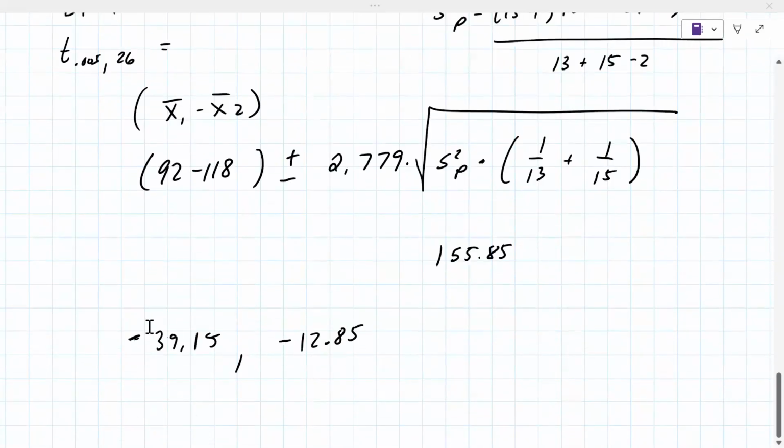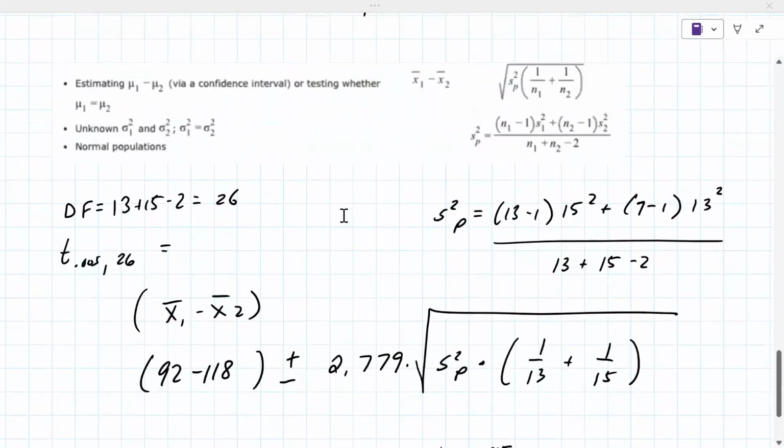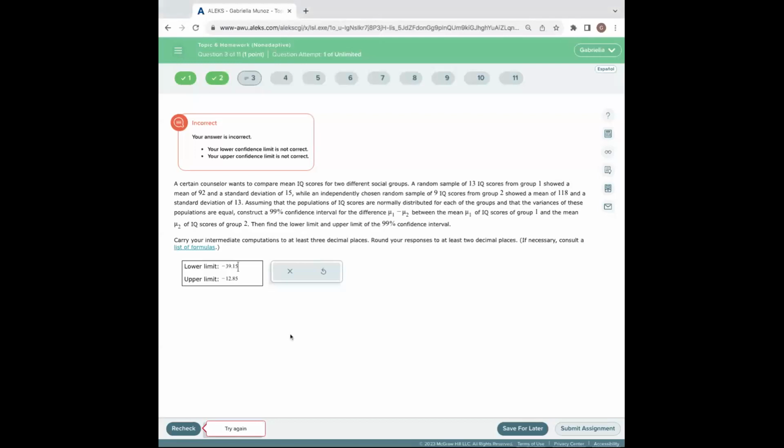And then the negative 39.15, and then minus 12.85 is for the upper limit. Yes. Okay, I entered that and it said it wasn't right. Could you share your screen? This may be a case where you just have to try that again, and then it'll show us the right formula, and I can figure out why it's not taking it.